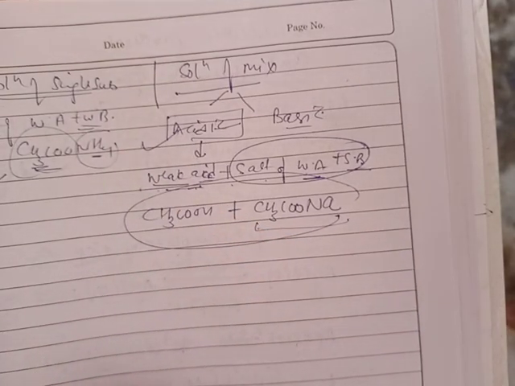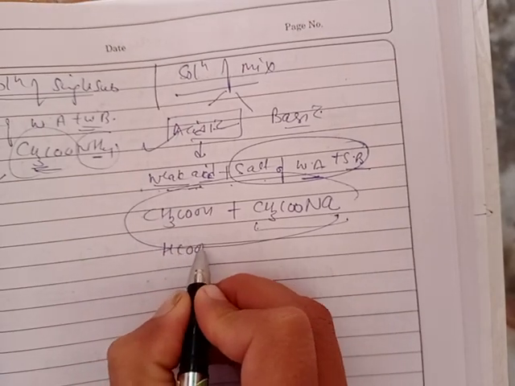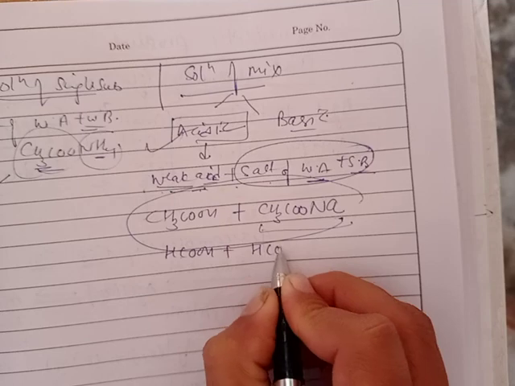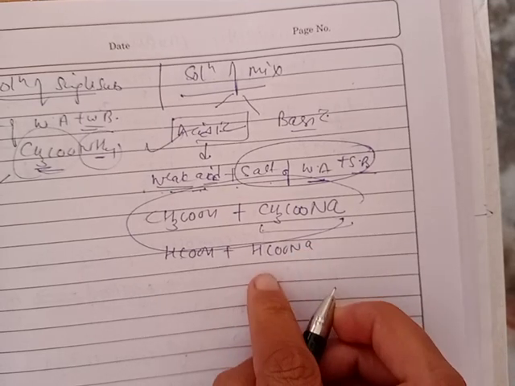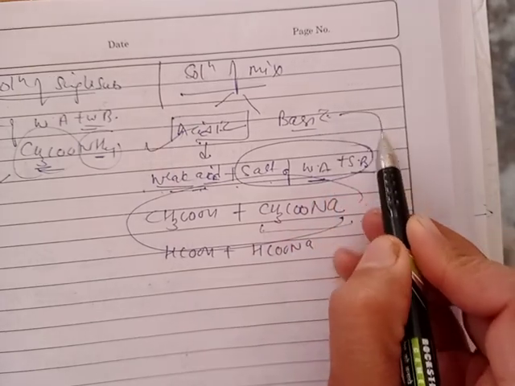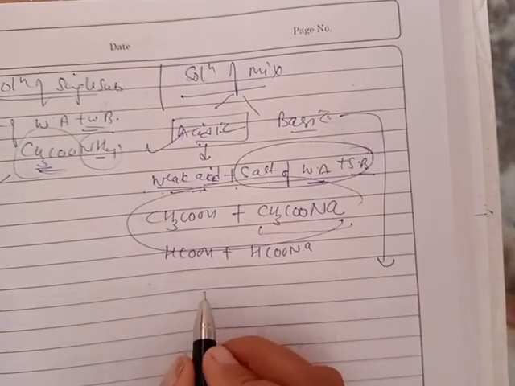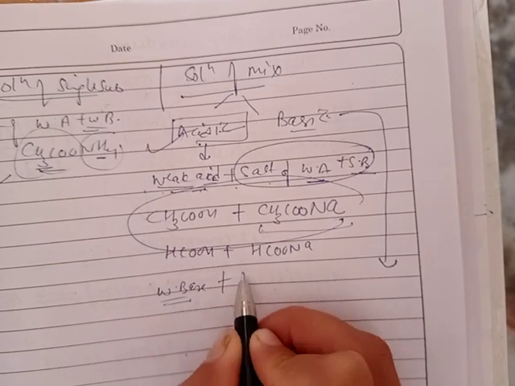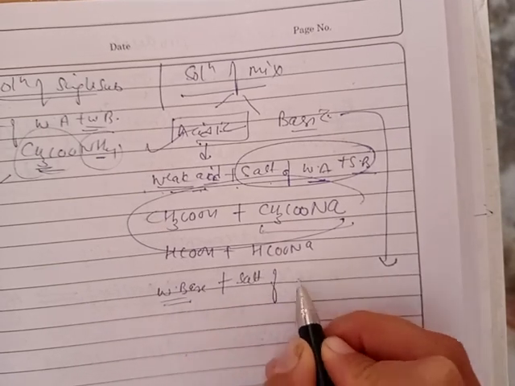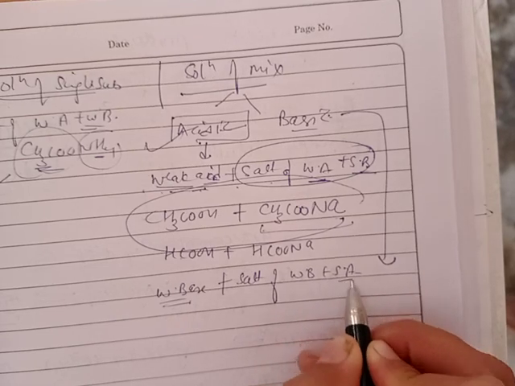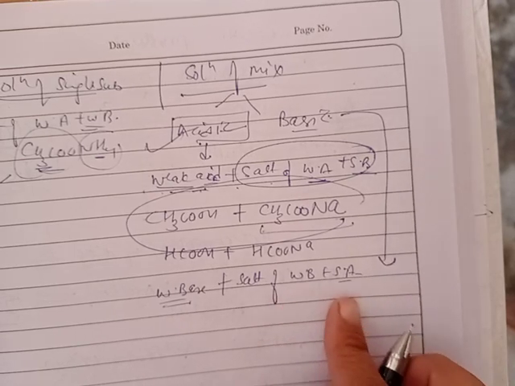Second example is formic acid or methanoic acid with sodium formate. It will again act as an acidic buffer. In case of a basic buffer, we will take a mixture of a weak base plus a salt of the weak base and a strong acid.